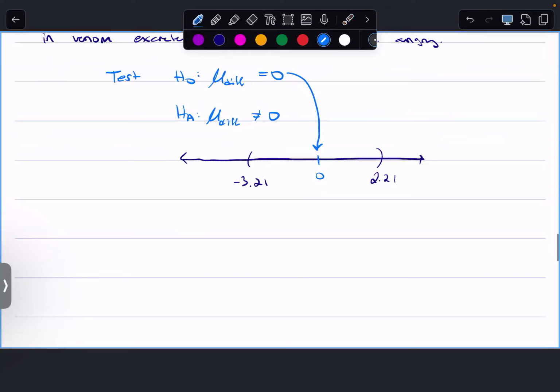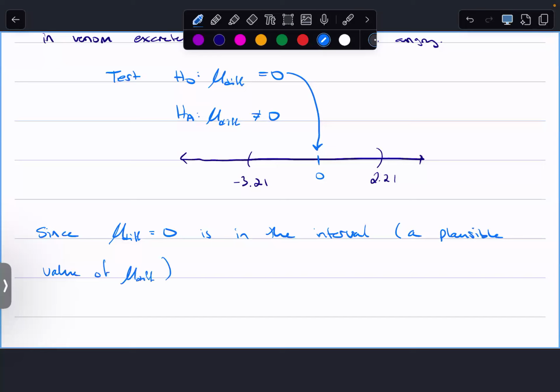But since mu diff equals 0 is in the interval, a plausible value of mu diff, right, is what that really means. That's what the confidence interval tells us. So 0 is one of the possible values, is in the interval.